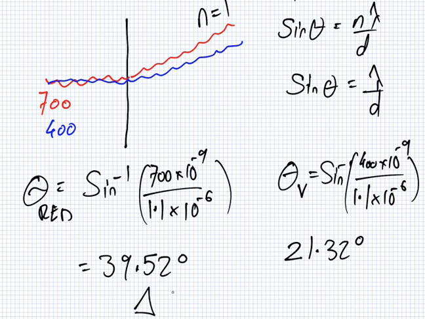So the difference between the two is 18.2 degrees, is the angle difference between the two at the first order, where n is 1.